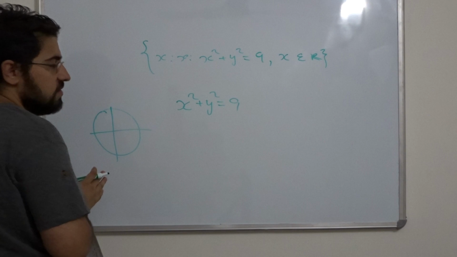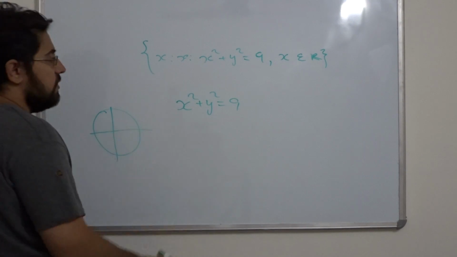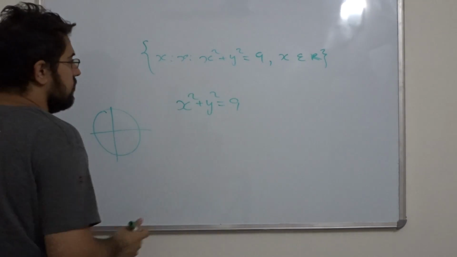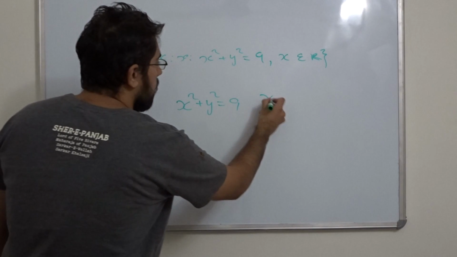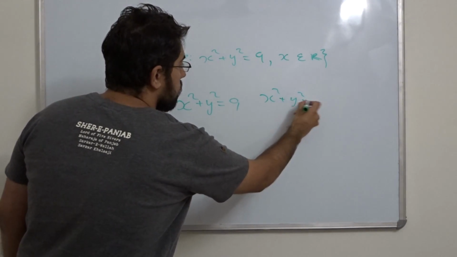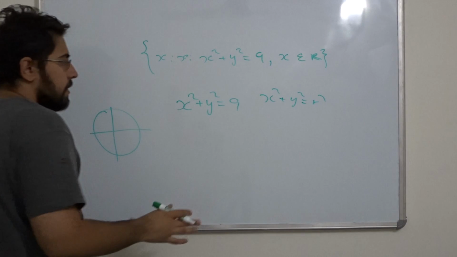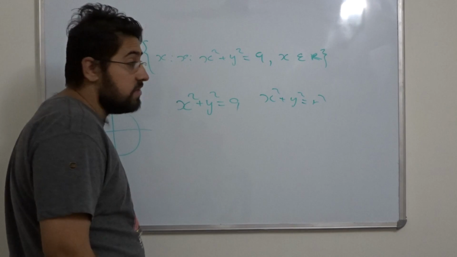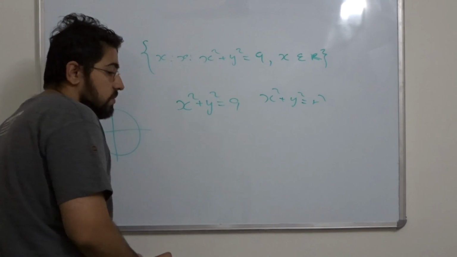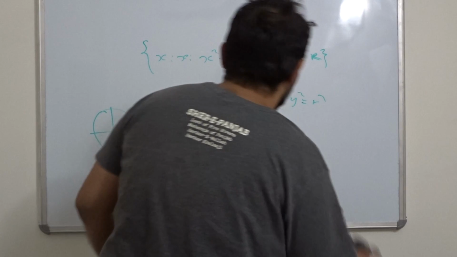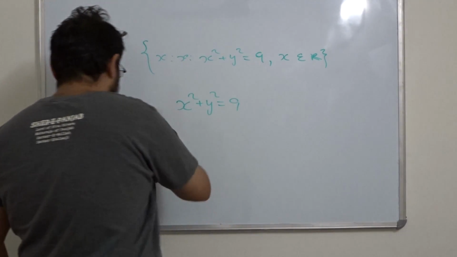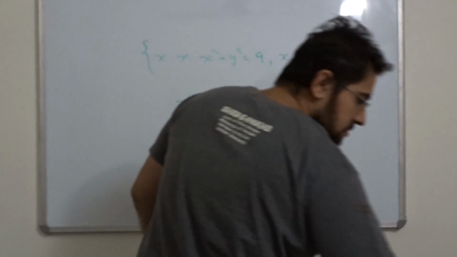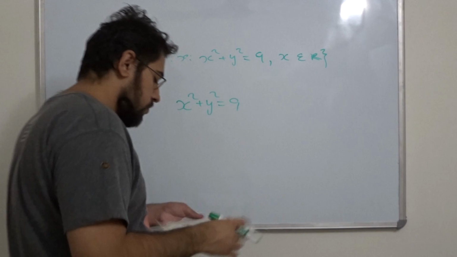Just take my word for it. This is a circle of the form x squared plus y squared equals r squared. But don't confuse this with Pythagoras theorem, because if you do, you're going to get into deep waters which you'll not be able to come out of.